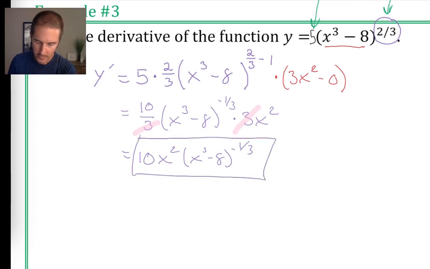We could take the x to the third minus 8 to the -1/3 power and put it in the denominator with an exponent of +1/3. Instead of writing it as to the 1/3 power, we could write it as the cube root of x to the third minus 8.